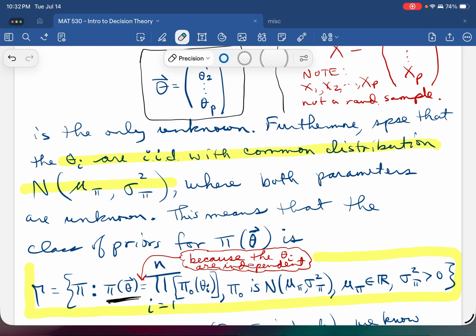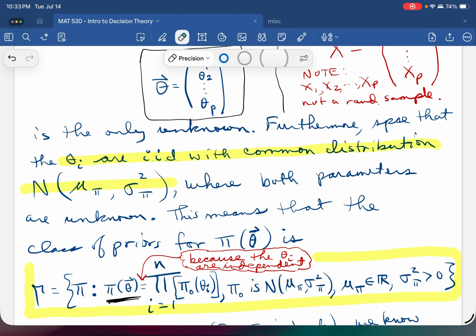And because the theta_i's, though random, are IID, then we know that the distribution of the parameter vector is just the product of the distributions of the individual components, and each individual component, as we mentioned earlier, follows this normal distribution with these two unknown parameters, or we can say according to this hyperparameter, which would be the vector consisting of those two.